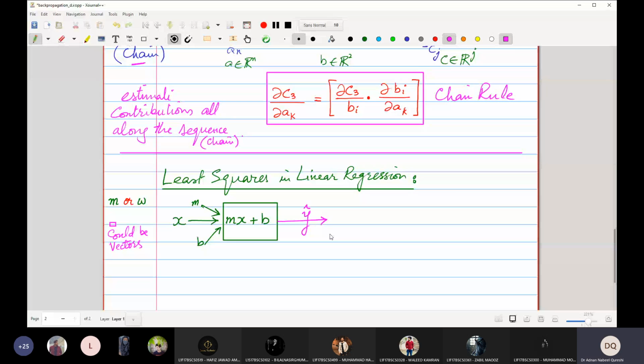Hat जरा अच्छा बना देते हैं. Then the next important thing to do is find out the difference between the actual and the predicted. So if I say that y was the actual, then y hat is the predicted.